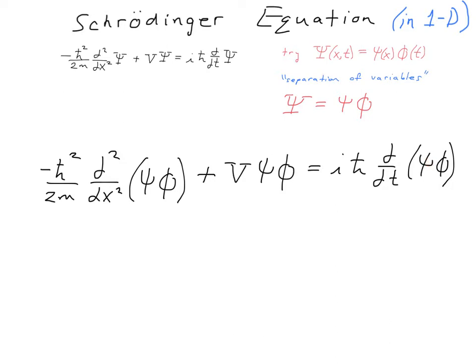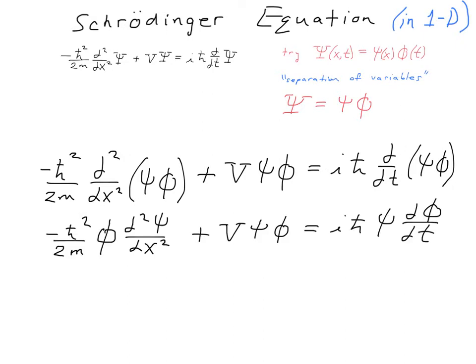Little psi, which depends only on x, the spatial variable, is constant with respect to this variable time. So we can take the psi out of this derivative. And that gives us the following. So from here, the phi has come out. From here, the psi has come out.